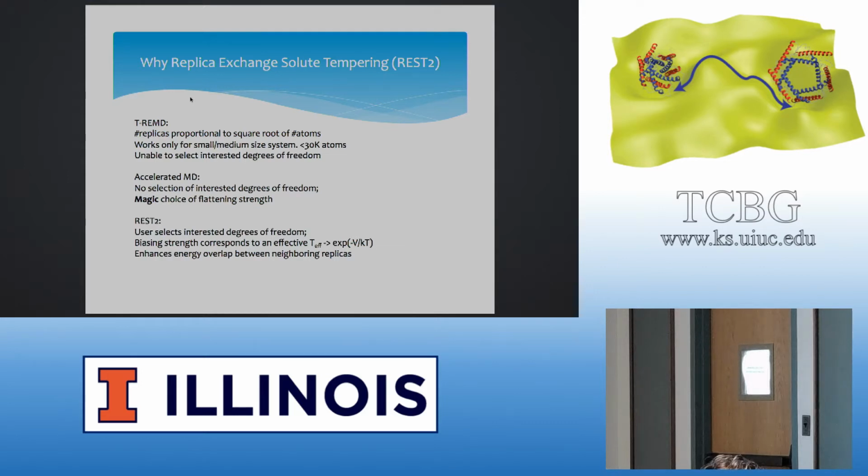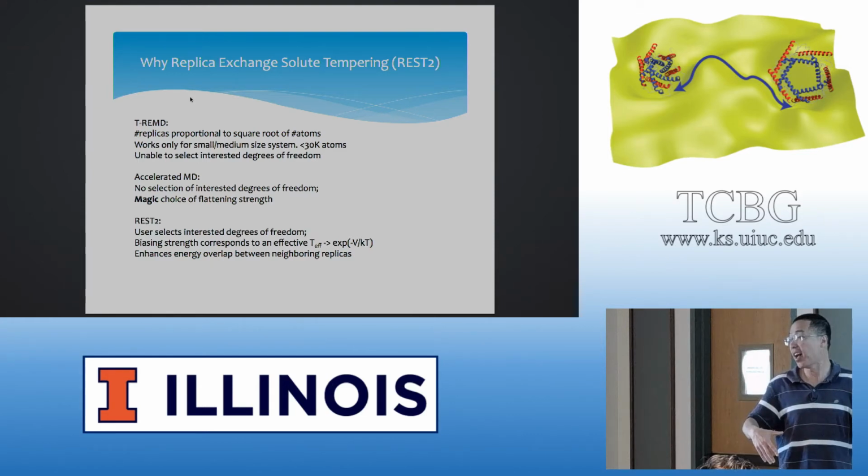For example, if you want to study a small mini peptide, see its conformation change from folding to unfolding with a small solvated box. In that case, you can use T-REMD, just the temperature replica exchange. Another problem with temperature replica exchange is that it is unable to select a degree of freedom, because it rescales the whole overall kinetic energy.